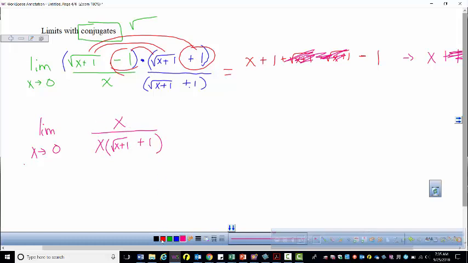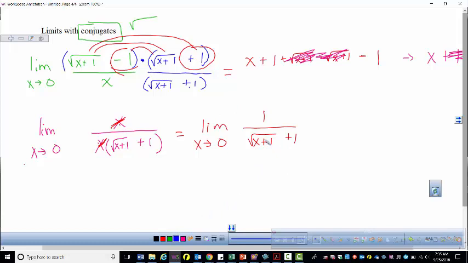And now, these are being multiplied, and this is just x, so I can factor this out. These cancel. I end up with the limit as x approaches 0 of 1 over the square root of x plus 1 plus 1.